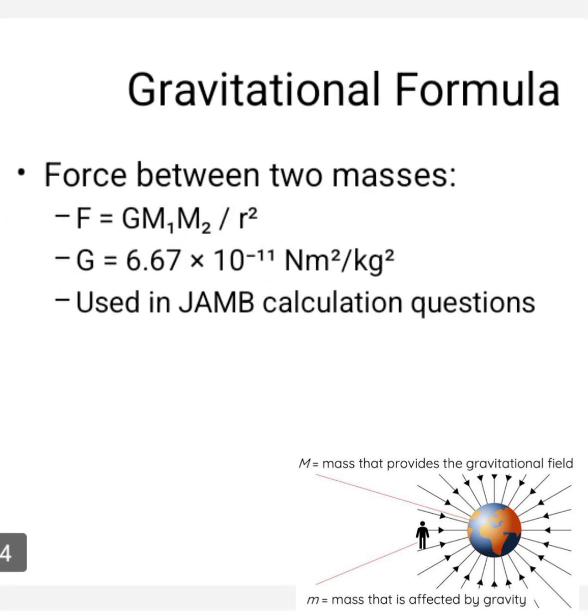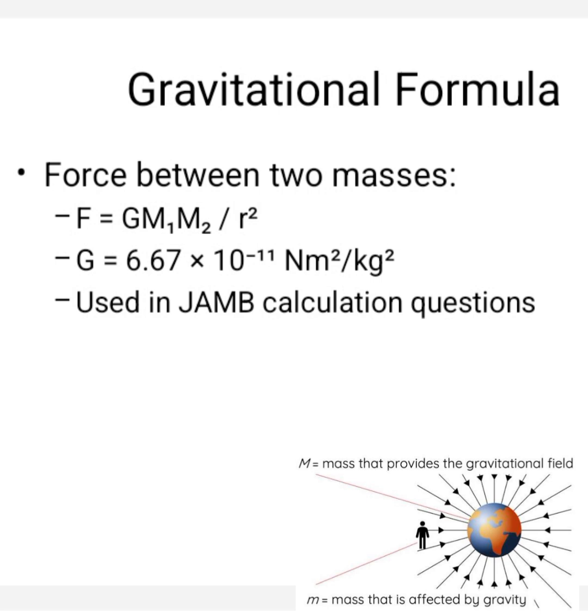More so, the formula for gravitational force is given as the force between two masses, mass 1 and mass 2. The formula is expressed as F if we're asked to find the force. We use the capital G, which has a constant value of 6.67 multiplied by 10 raised to the power of minus 11 Newton meter square per kilogram square.